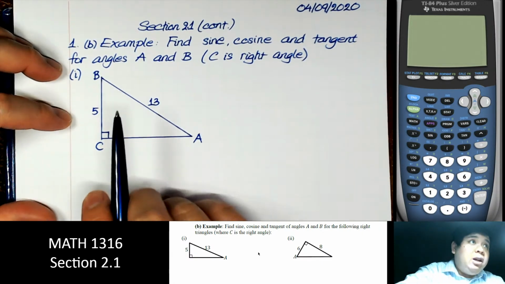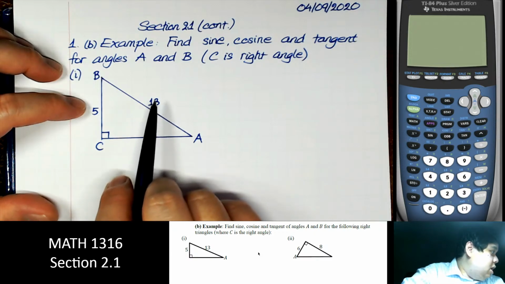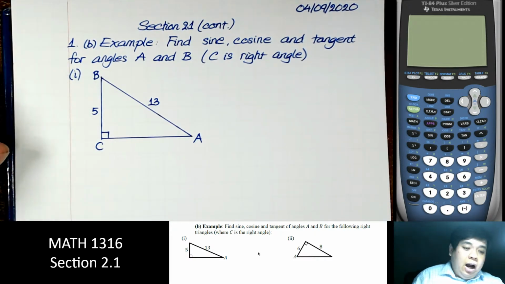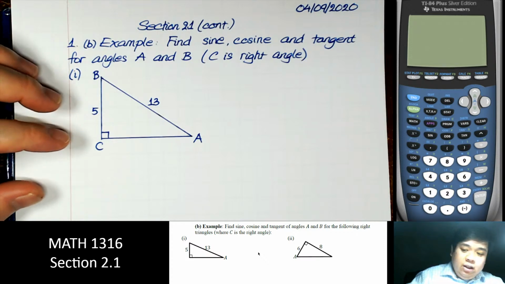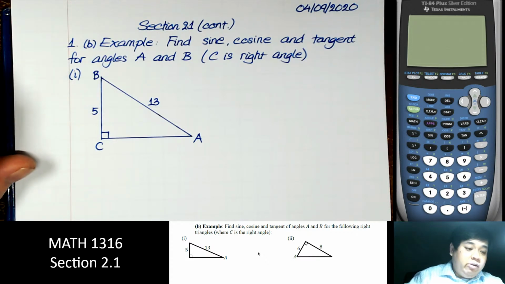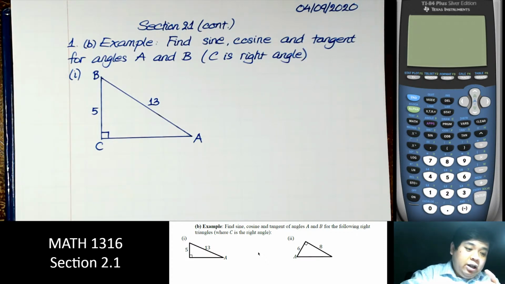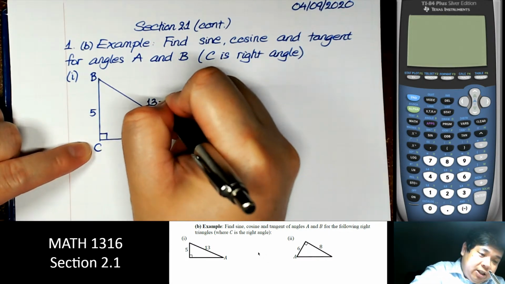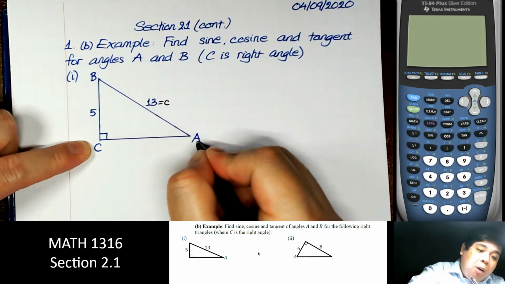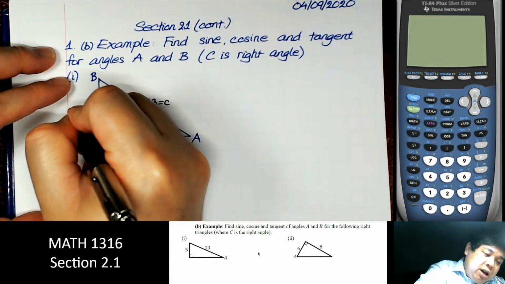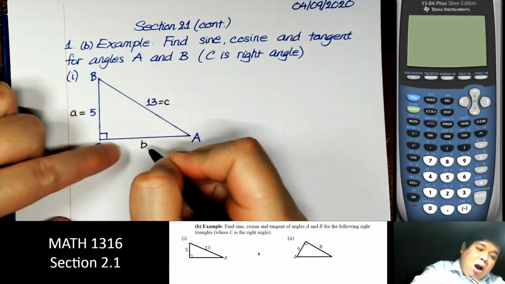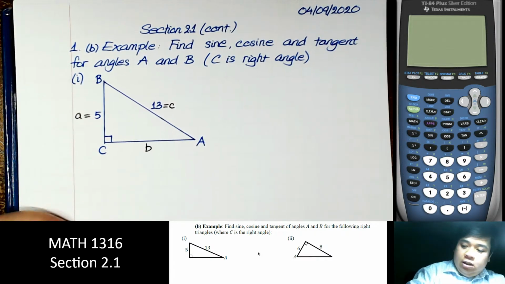Before we do anything, the hypotenuse is 13. This is 5. We're just going to find this side. By the convention that we define for the triangle, opposite to angle C is side c, opposite to angle A is side a, so this will be side b, opposite to angle B.